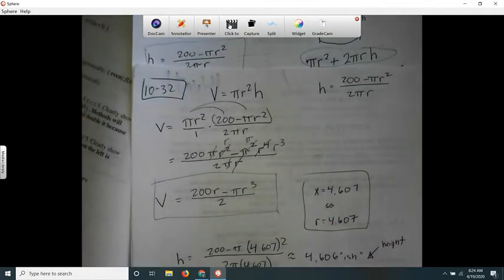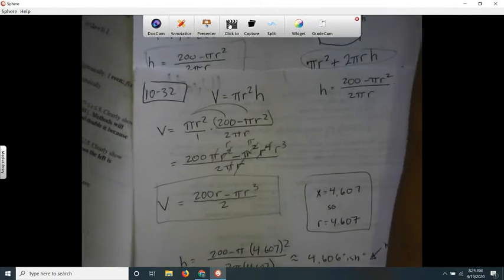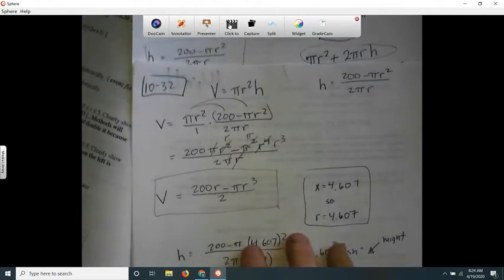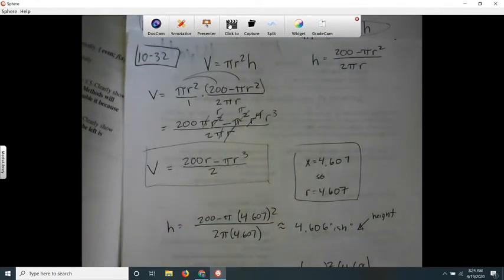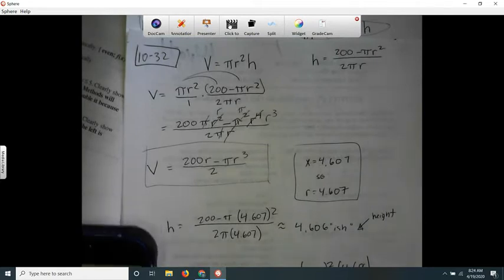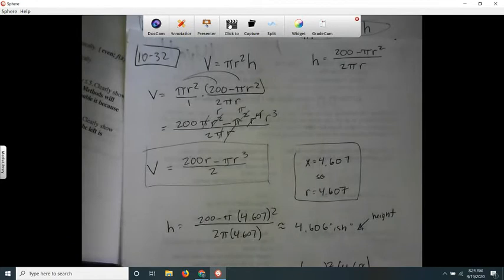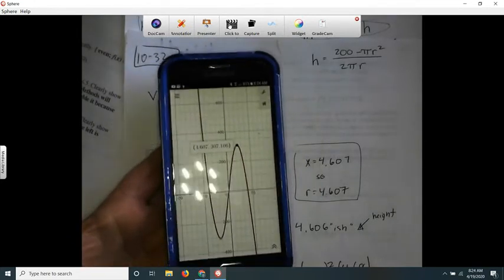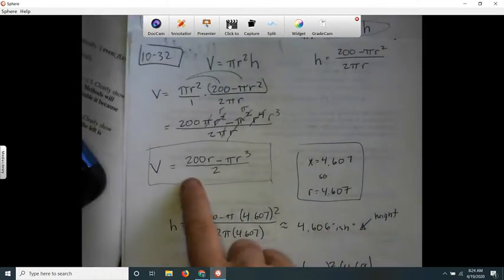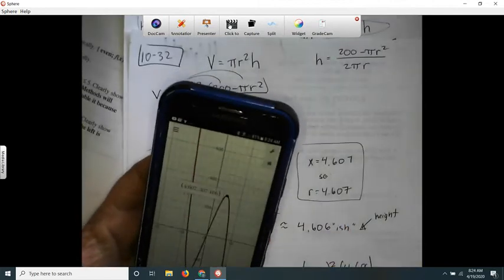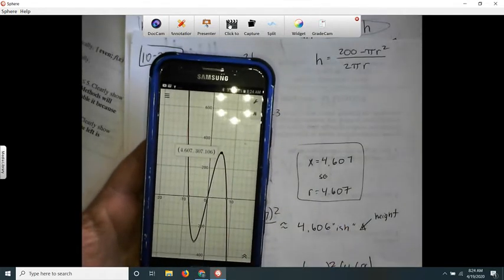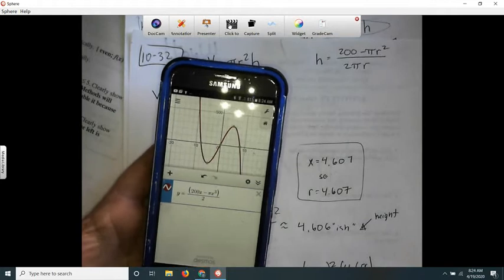Okay, so that's something I can put in my calculator. In my Desmos calculator, because I want to see where this is now. I think it's going to be a cubic, and I need to see where the maximum is. You know how we have local mins and local maxes. So I just typed that right in, just how it was.